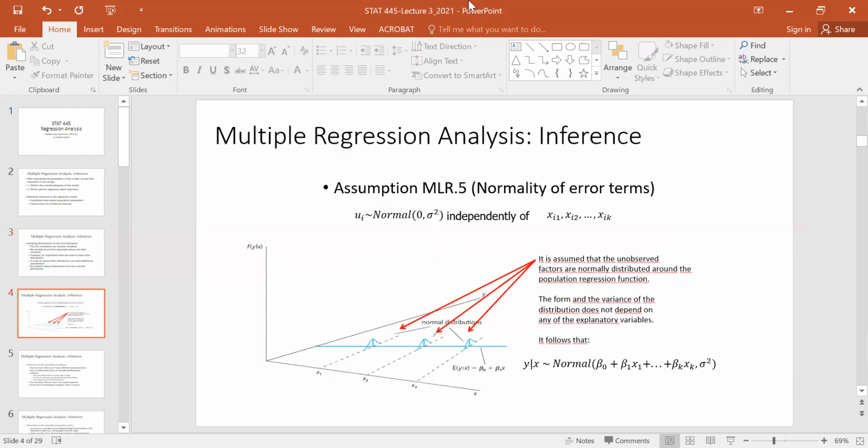Not necessarily. Once you make the assumption that the errors are normally distributed, it's a picture showing normal distributions.